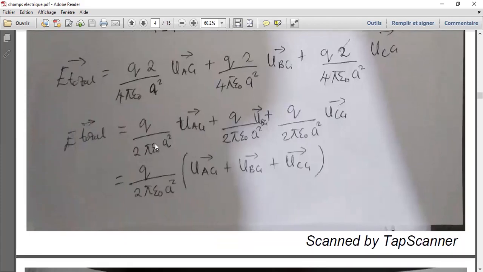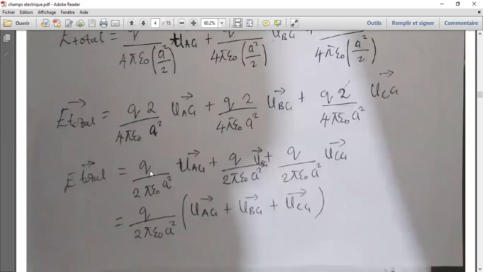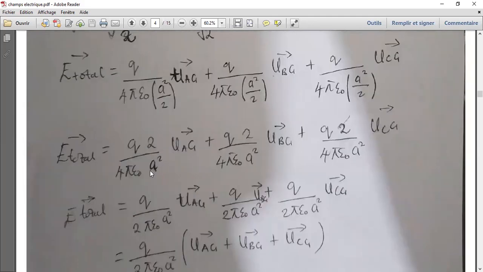Explain again how the Q went up. Kindly explain again how the 2 went up and the A squared remained down. Oh, okay.